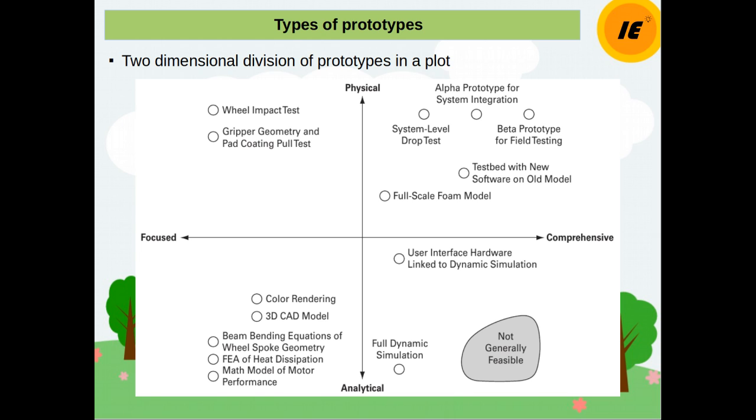So basically you start with the third coordinate, which is more focused and analytic, and you work on simulations and try to gather knowledge on a certain design, depending on the overall future of it.